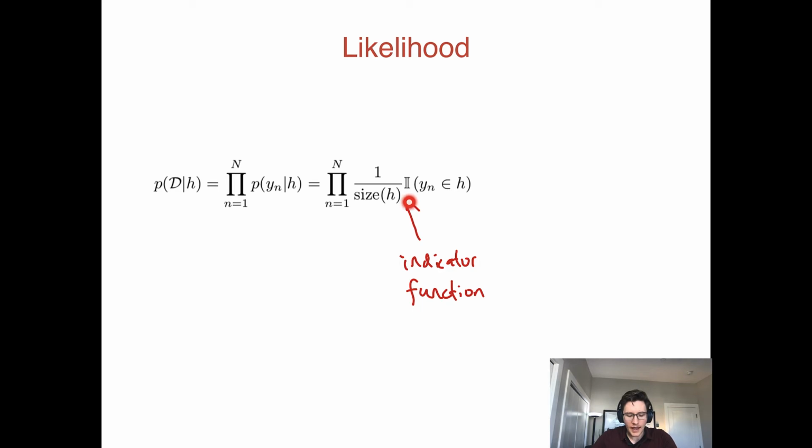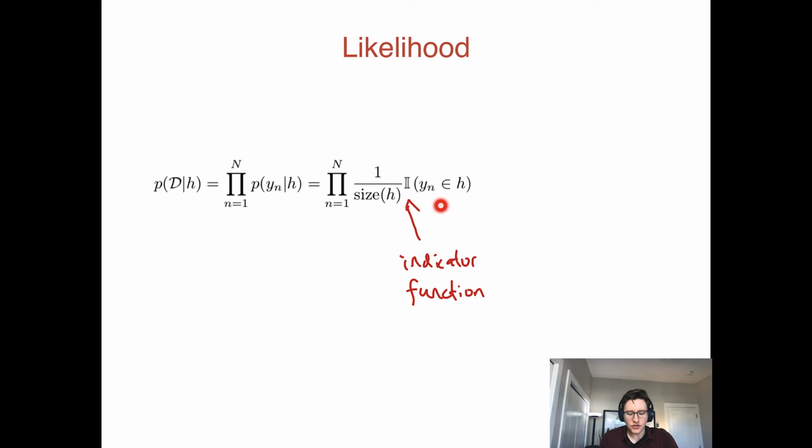This I with the two bars is the indicator function. The indicator function looks at a logical expression, in this case, is this number in the concept? And if it is, it's a 1, and if it's not, then it's a 0. So you can see that if we have a y_n that's not in our hypothesis, this thing is 0, and since we're multiplying a bunch of things together, the whole likelihood will be 0.